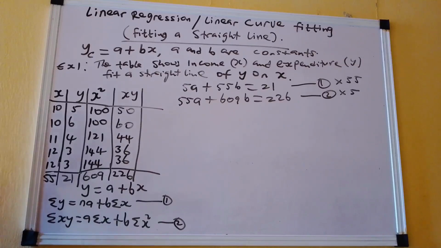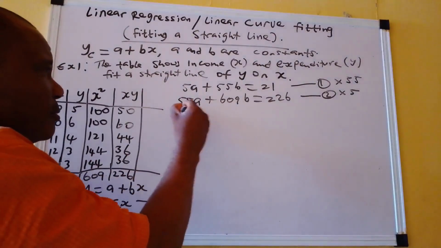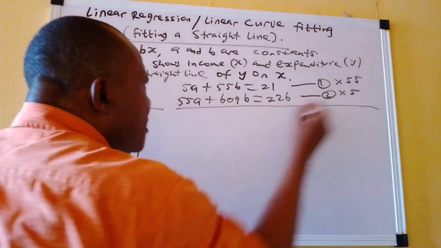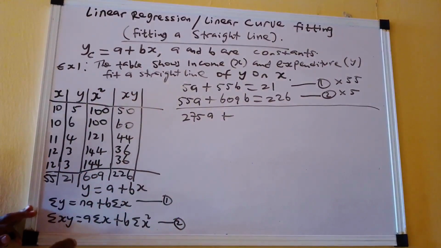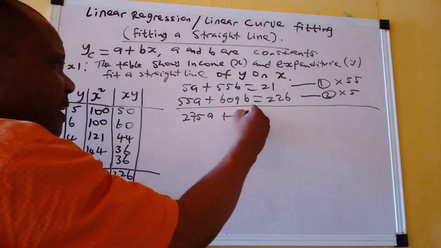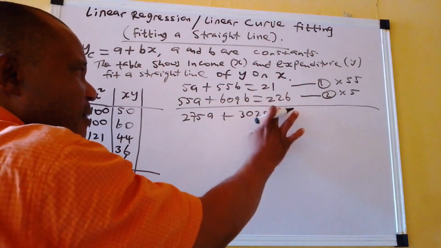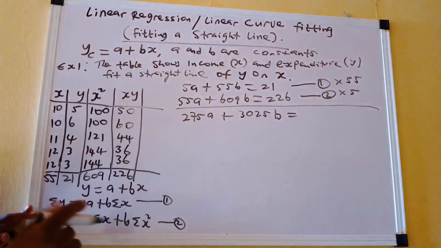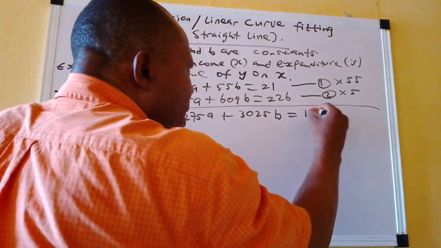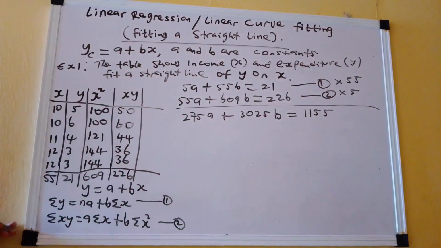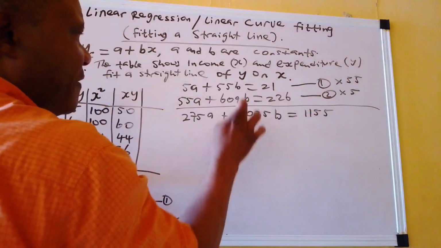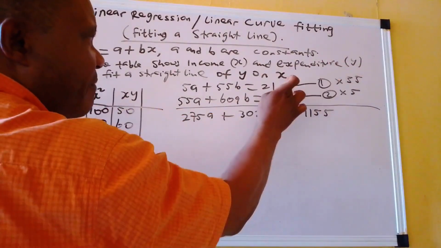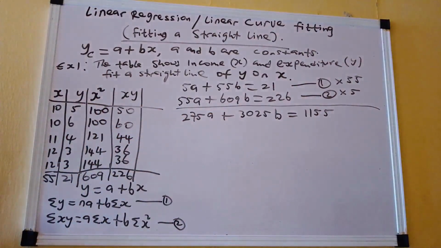So if you have that, 55 by A, you are going to have 275A plus 3025B, and that is now equal to 1155. That's what you have there. So when you use 55 to multiply 5, you have 275. 55 by 55, you have 3025. 55 by 21, you have 1155.